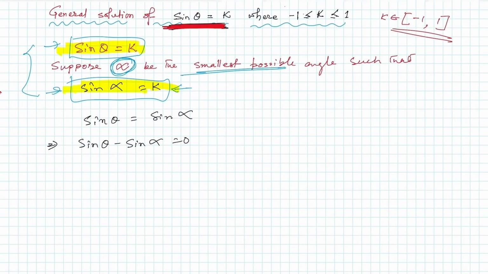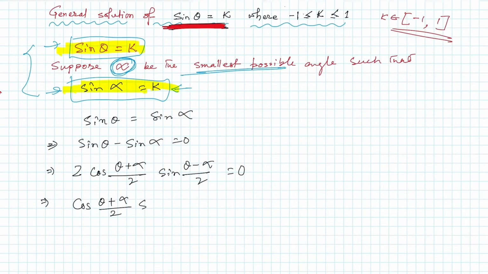Using the sine C minus sine D formula, we can write twice cos of (theta plus alpha)/2 into sine of (theta minus alpha)/2 is equal to 0.